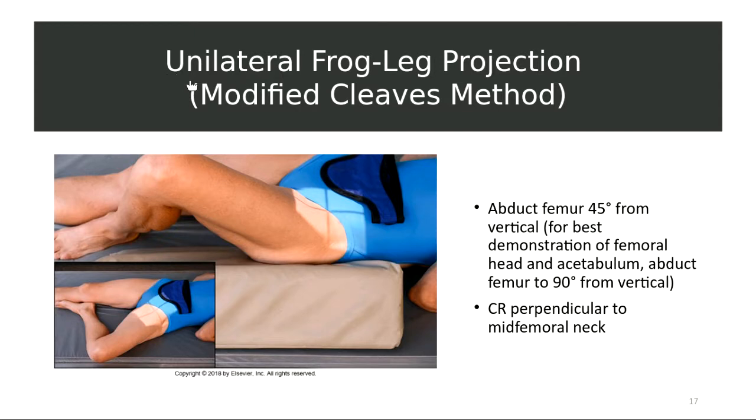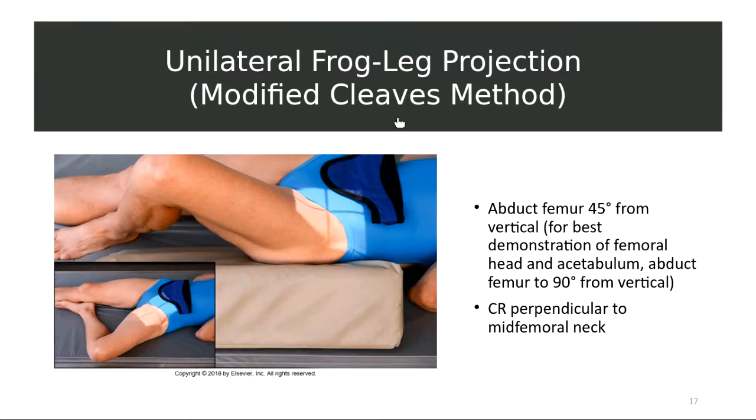But typically we refer to this as the modified Cleaves method. It is done if it's a non-traumatic hip. If you suspected a fracture, you absolutely would not do this view.